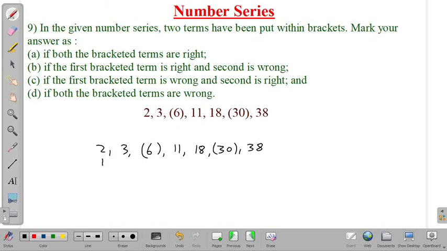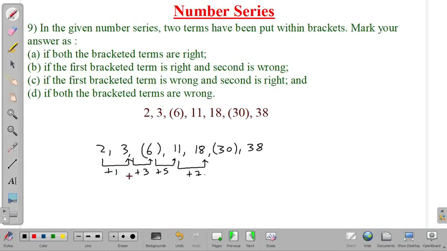So what is the difference between 2 and 3? It is 1. Then difference between 11 and 18, it is plus 7. Next, the difference between 3 and 6 is plus 3. Then 6 and 11, it is plus 5.